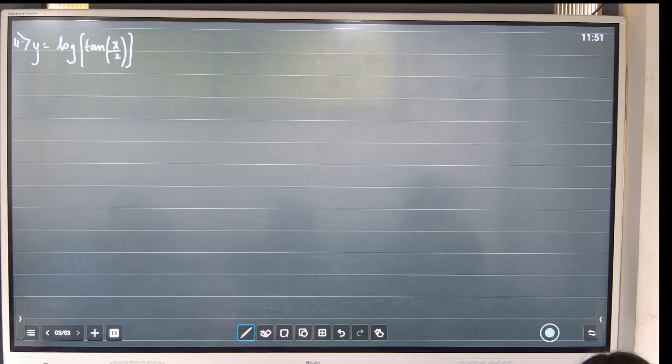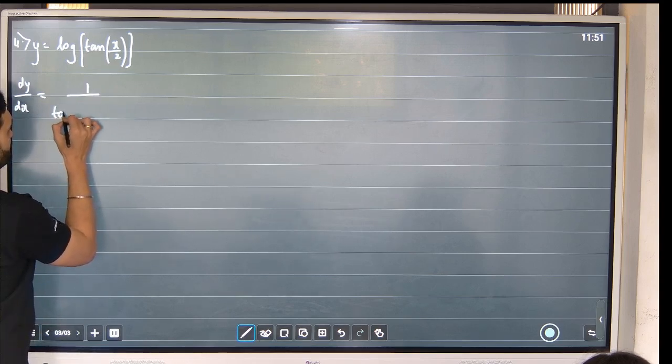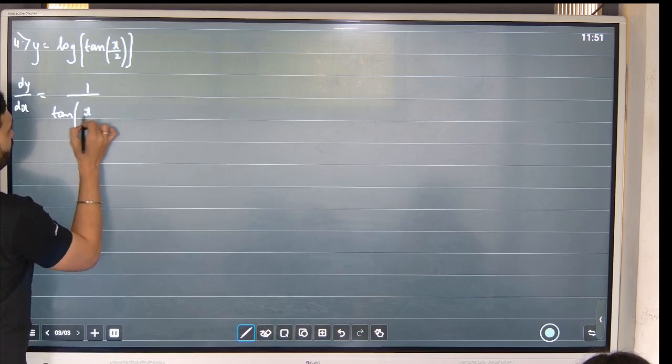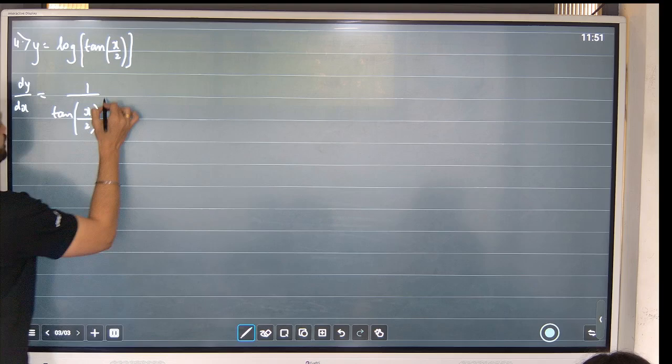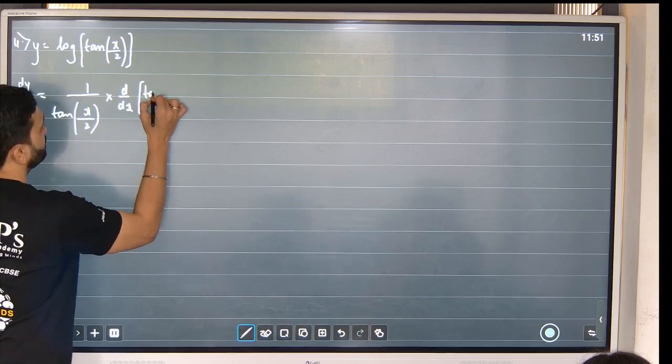Y is equal to log of tan x by 2. I know that y ka derivative is dy by dx. Can you tell me what is log ka derivative? 1 upon. So what will be log tan x by 2? 1 upon tan x by 2 into derivative of what? Tan x by 2.